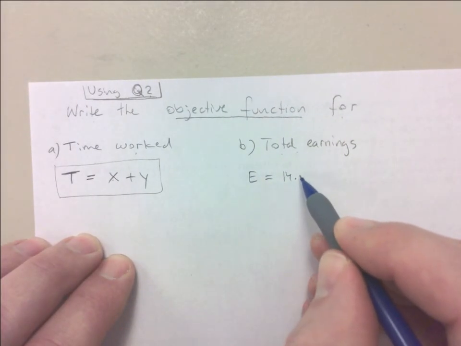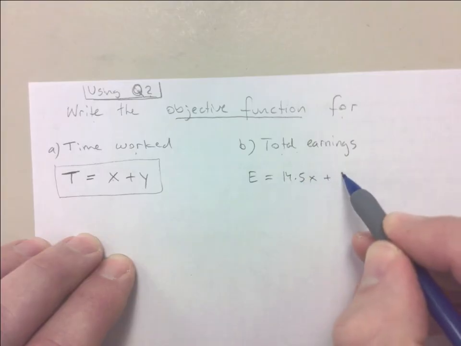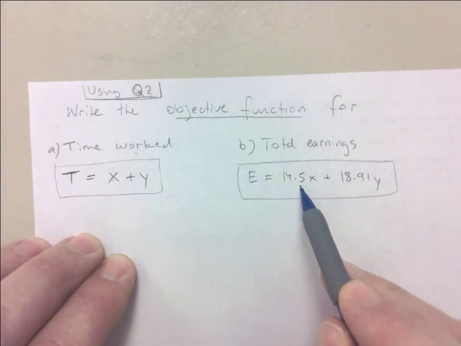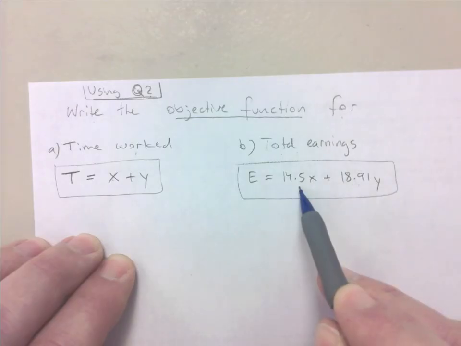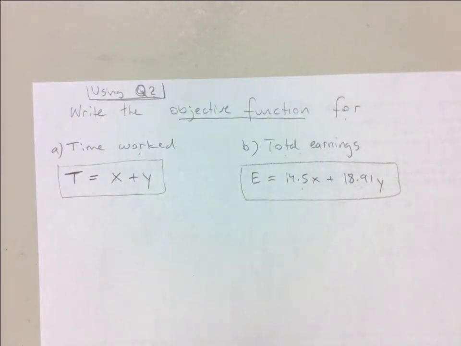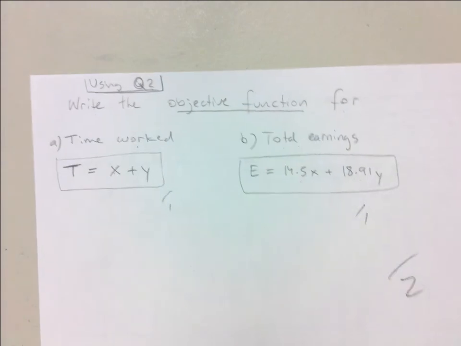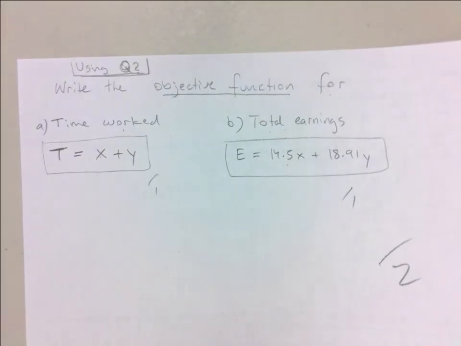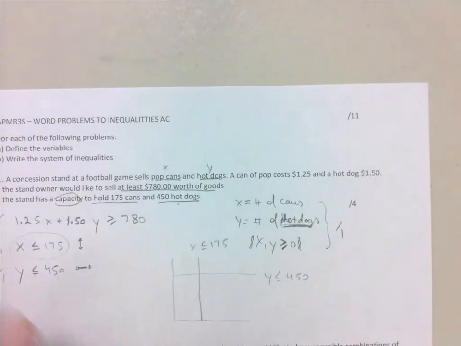It would be 1450x plus 1891y. That's it. So we use the hourly wage next to the x, and that would give us how much you've made at any given point if I pick any x and y on that graph. So that's how you do the objective function. Okay, so 1 mark for each. That makes this page worth 2. Let's go to the front. So 11 and 2 is 13.